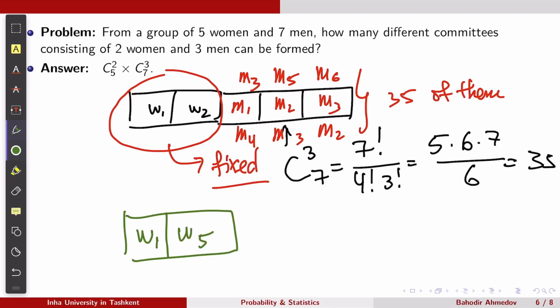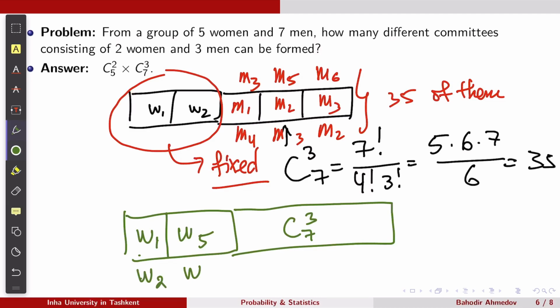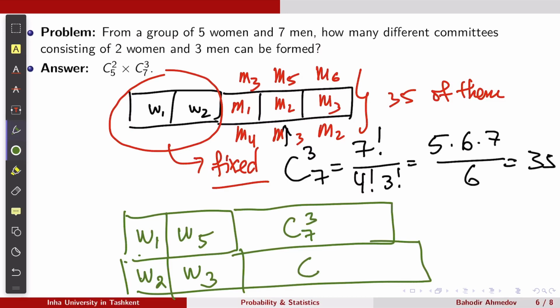Again, 35, right? Because we again have C(7, 3) only for these 2. If you decide to choose another set, for example, female 2 and female 3, how many different committees are possible to create? Again, 35.